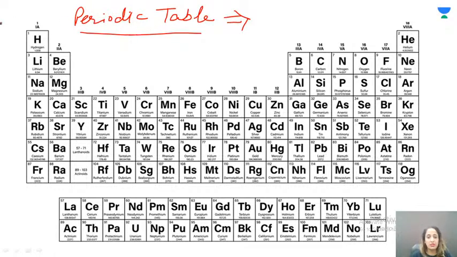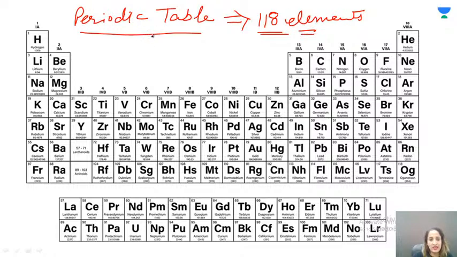Okay, that's okay. So guys, this is the periodic table, right? What you see in this periodic table, we have 118 elements that we see around us. They are arranged in this periodic table.